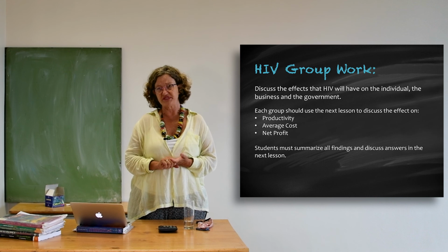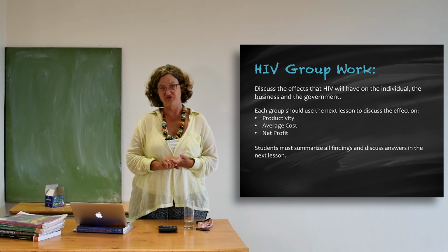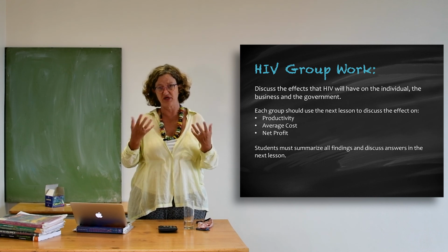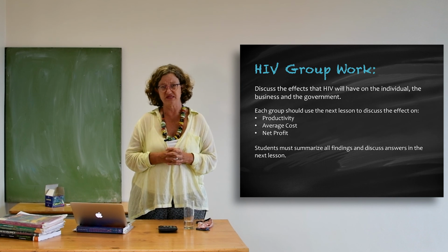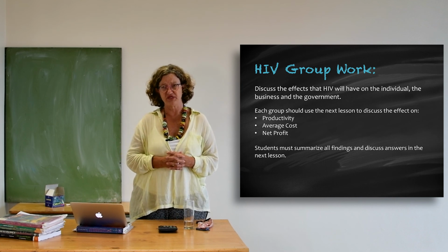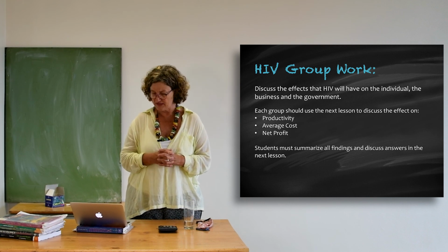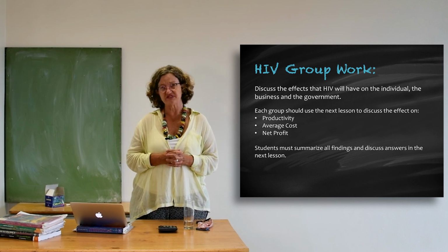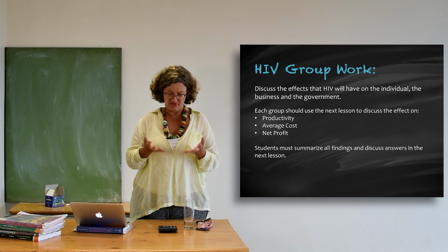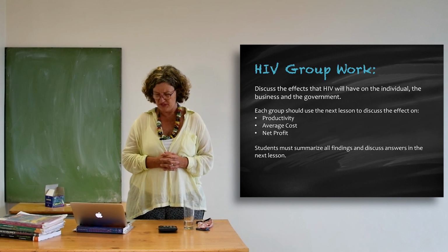and from the government. It's very expensive for the government because they supply the medicine that is needed for HIV. And it also, in a sense, decreases the output of the country. It's also negative for the government.